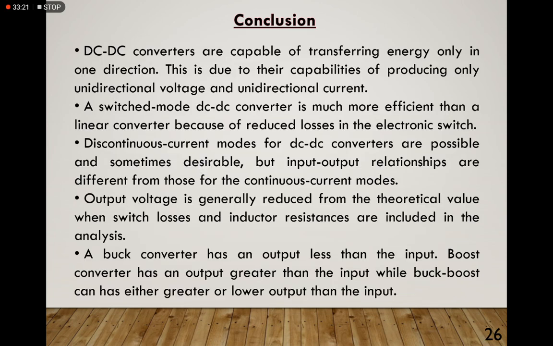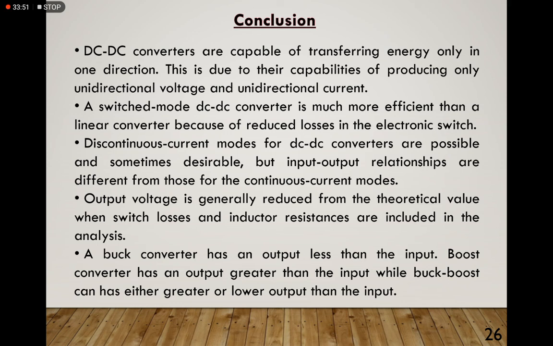Right, so finally the last slide. Okay, DC to DC converters are capable of transferring energy only in one direction, because this is DC, you cannot have bidirectional. Bidirectional must be AC. Okay, so a switch mode converter, compared to the linear regulator, which does not have the freewheeling diode and also the capacitor.